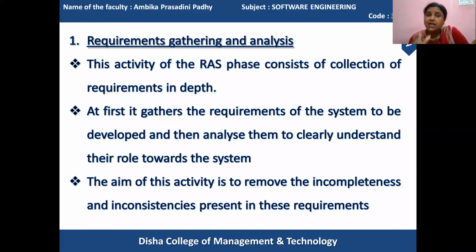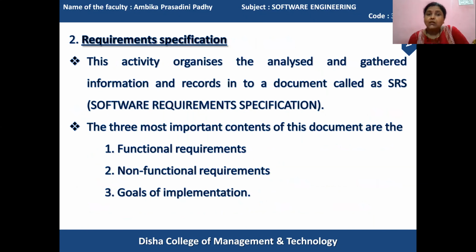The requirements are gathered by following different methods. For requirements gathering, the information can be collected by direct communication with the user, or by reviewing different documents. After the information is collected and analyzed, it is converted into the specification document.